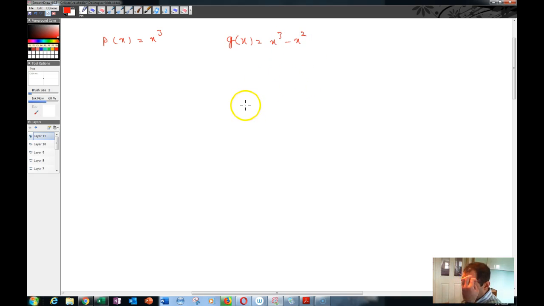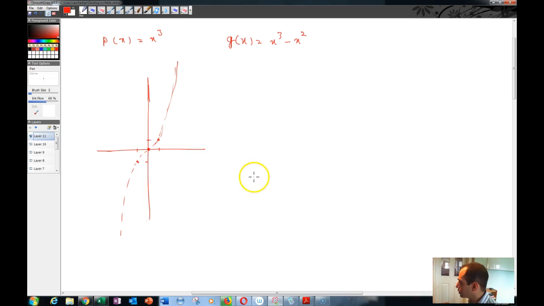So p of x equal to x cubed is going to be some polynomial like this, with 1, 1 and negative 1, negative 1 and the 0 over here. That means the polynomial goes through the x-axis only at the origin. You have only 1 zero over here.